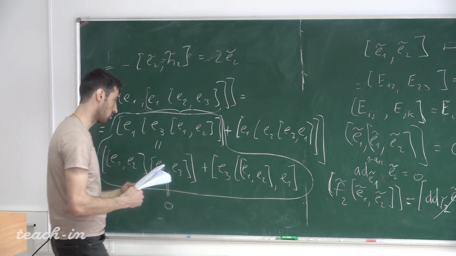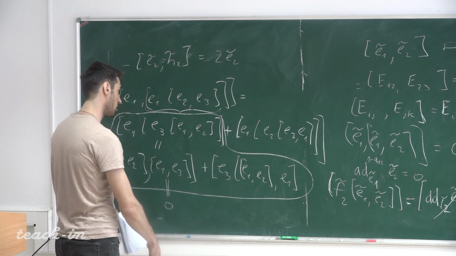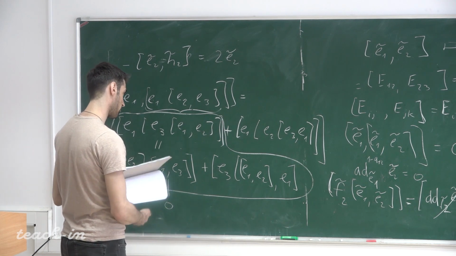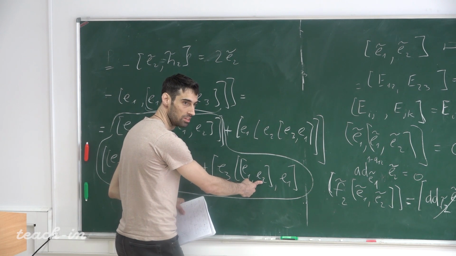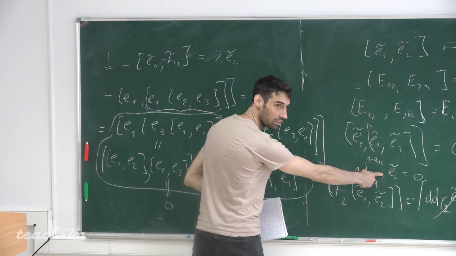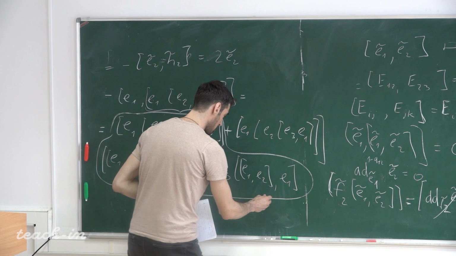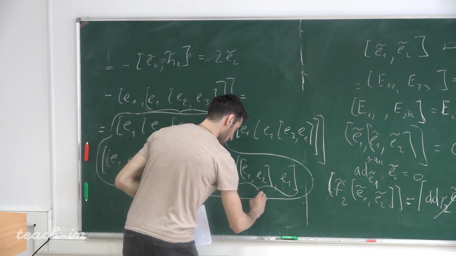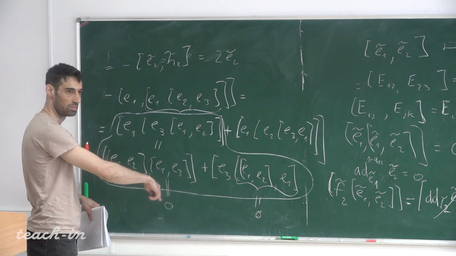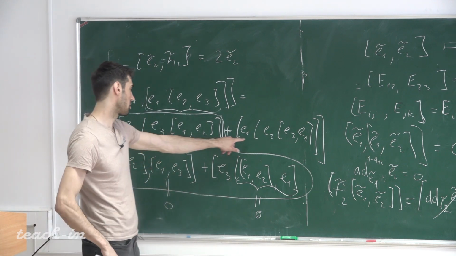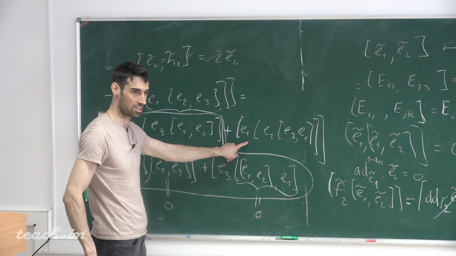So this term is 0, and here, what's going on? I apply E1 2 times to E2, and have this, right? So therefore this one is 0. So this term is 0, and this one I also treat in the same way.